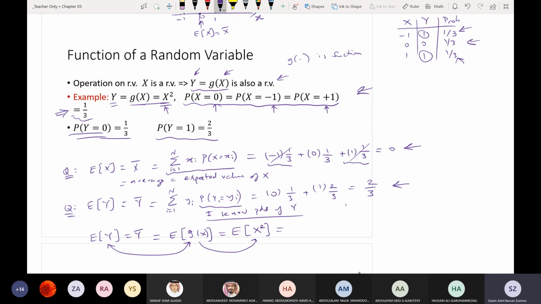What does x squared inside mean? It means that I do the same averaging with the probability x equal xi. However, every time I multiply here by what? xi squared. لما كانت expected value of x I multiplied by xi. لما صارت x squared I multiplied by xi squared. تمام؟ واضحة الفكرة يا شباب؟ And because of that we call this the expectation operator.